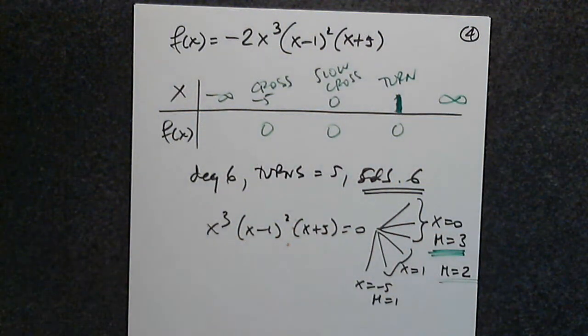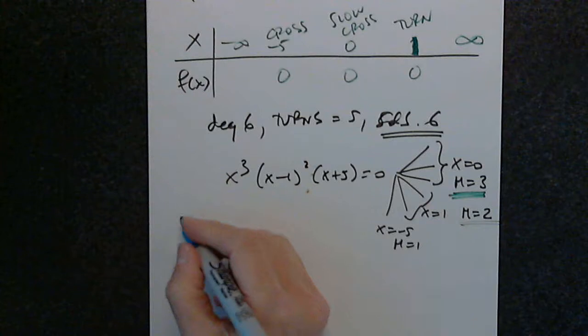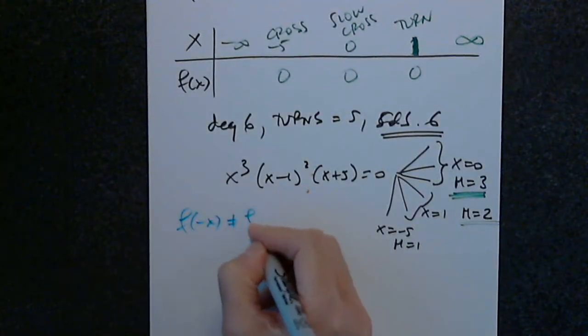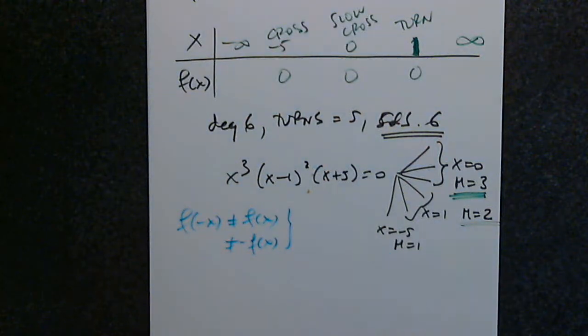Okay, we're done. We have to find the end behavior, and it's not symmetric if it crosses at -5 and turns at 1 and slowly crosses at 0. I can immediately write not symmetric. f of -x does not equal f of x, does not equal negative f of x. It's impossible. I don't want to waste my time.